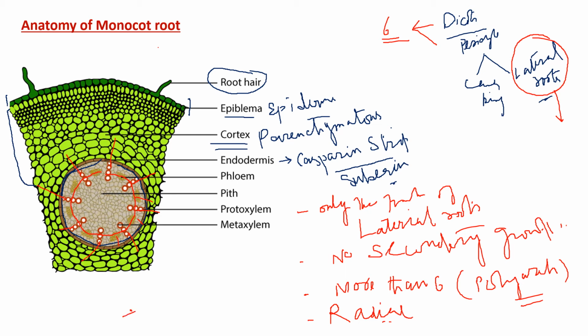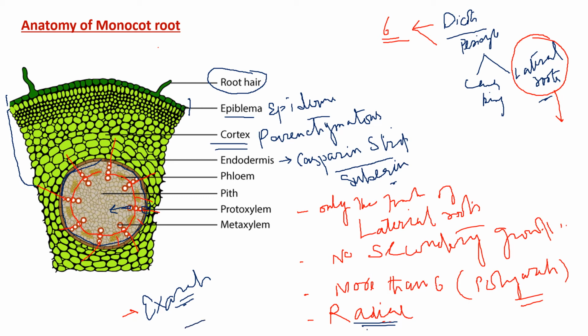Another point is that the condition of the xylem is exarch. You have the protoxylem towards the outer side and the metaxylem towards the inner side. This condition is known as exarch. So radial arrangement and exarch condition were also found in dicot. So it's not a difference, it is a similarity.